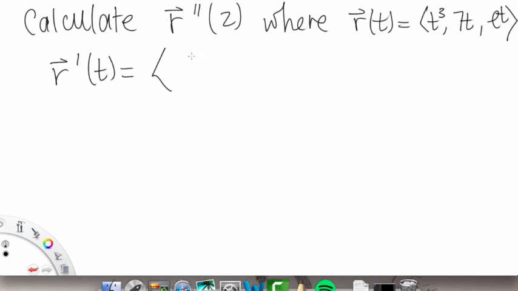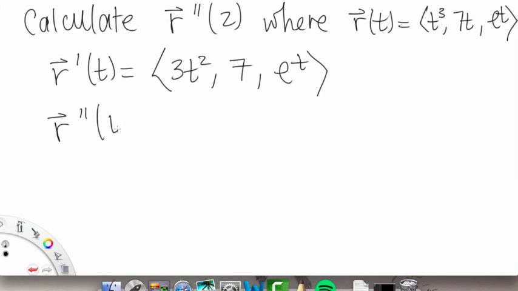For r prime of t, we differentiate the first component, so 3t squared, that's x prime of t. y prime of t is just 7, and z prime of t is just e to the t. Now we need the second derivative, so we do this once more. We have 6t, 0, and e to the t.